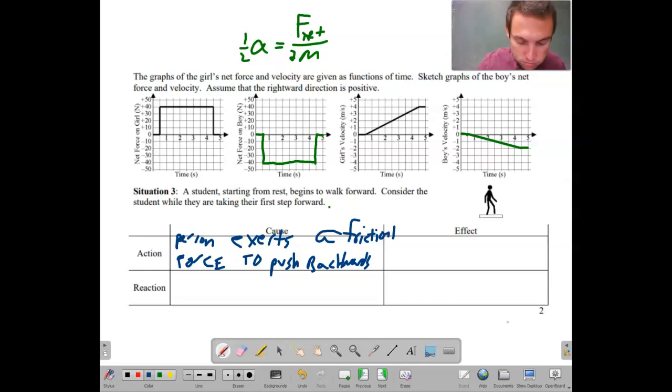Okay, well, what does that mean for the reaction? That means the floor, and therefore Earth, accelerate backwards because you're pushing on them backwards.